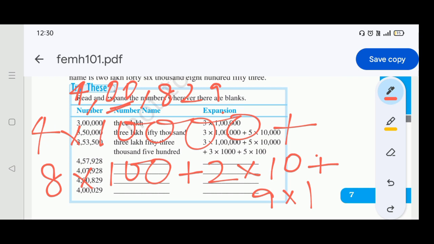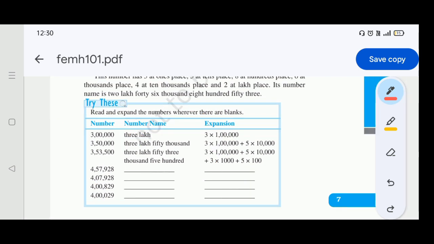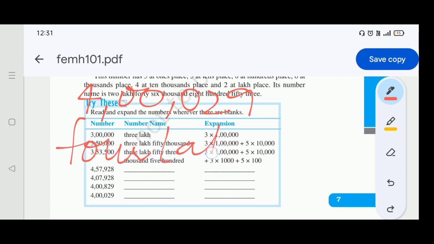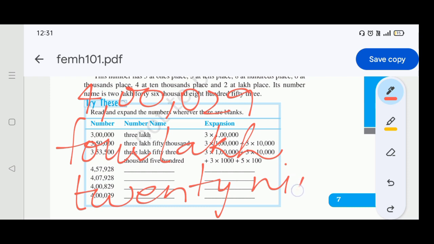Moving on to the next number. The next number is 4,29,000. So there is no hundreds place also and thousands and 10,000s place. So we can directly write this as 4,29,000.